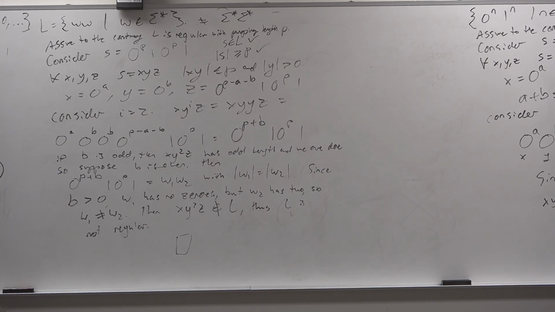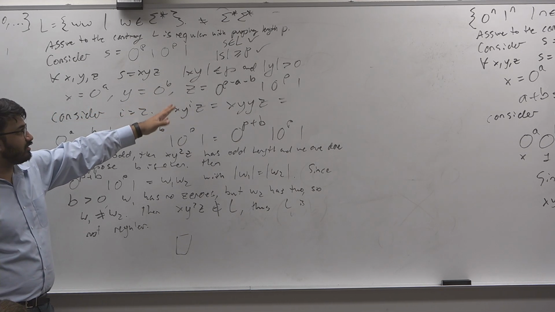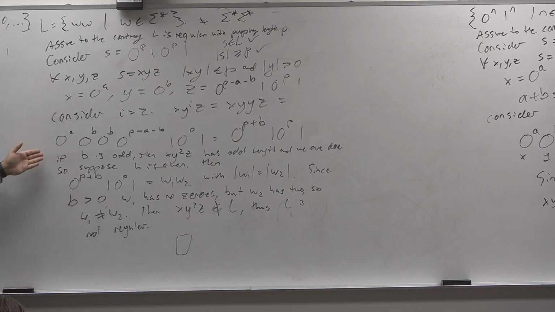So if x, y come before, they can only be like this. Y can never be anything but zeros. Same with x, just by the fact that x and y come at the beginning of the string. The first symbol of x happens to be the first symbol of s, and so on. So no matter how you split up the string, if xy is length less than or equal to p, this is somewhere in the beginning. So we call it one case, but it's really a function of the number of cases of p, where a plus b sum to at most p. But really they all look the same. So we call it one case, but it's really some function of p cases.